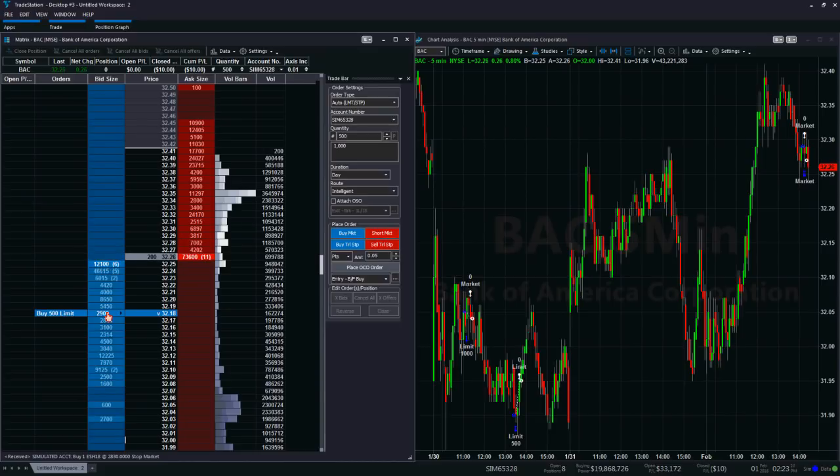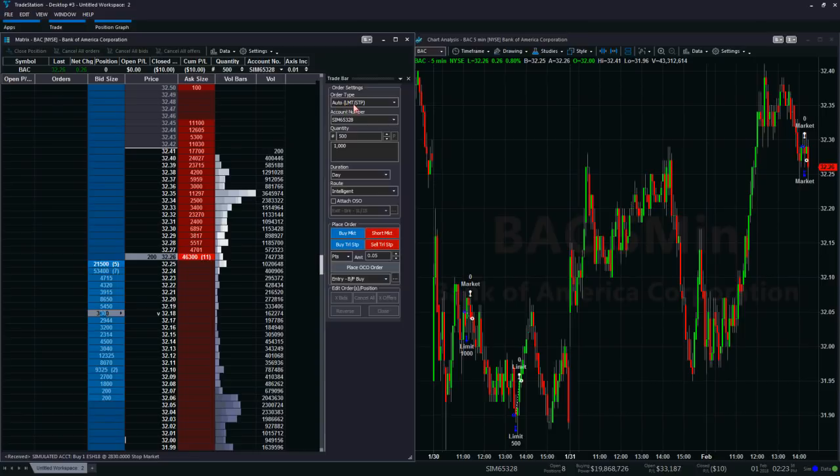So it assumes that I'm getting ready to put in a buy order. As opposed to if I take my cursor and put it on the red, take a look on the left, it says short 500 stop. So this window has some technology that depending on where your cursor is, it'll know if you want to buy or sell, and it'll know if you want a limit or a stop.